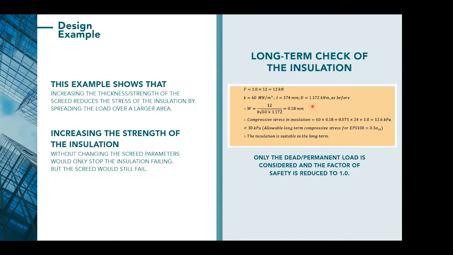So we do a check against that as well. And when we do that, we take our dead loads. We have these unfactored. We look at the material itself, and we come in with a figure of 12.6 kPa, which is less than our 30 kPa, our allowable stress. So that's that factor of 0.3 against the EPS 100. So therefore, our insulation passes in the long term.